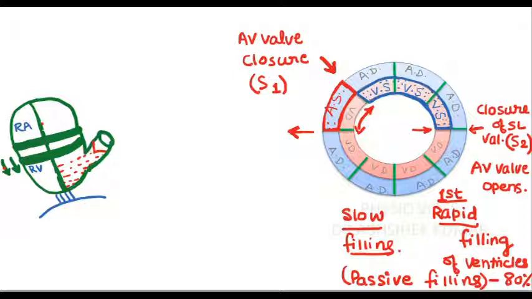But at this very time, the semilunar valve is closed and the AV valve is also closed. The increasing pressure tends to open the semilunar valve, but the semilunar valve does not open instantaneously. It opens after some time, after a fraction of a second.